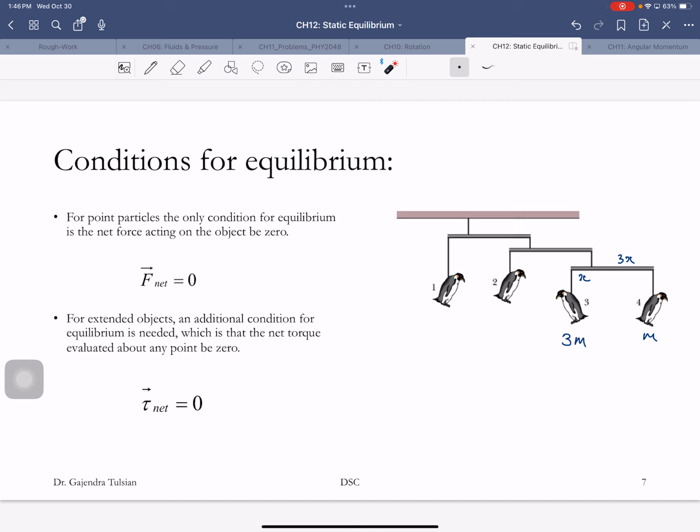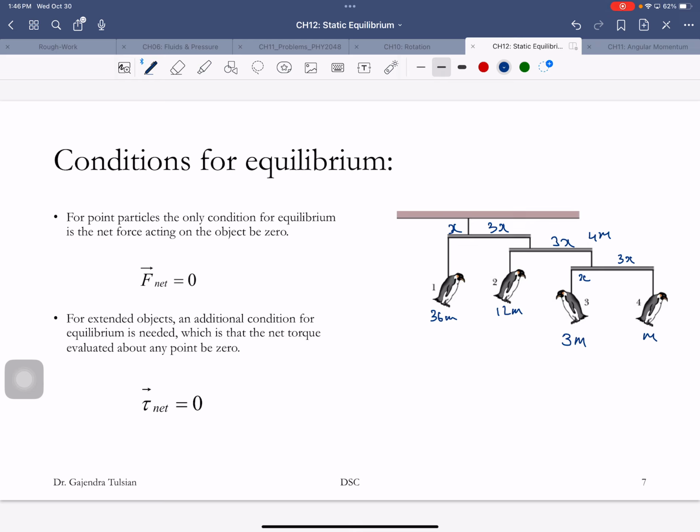Now the center of mass of this system is right there. So this is 4m. 4m times 3x is 12m times x. Okay, and that's 12 times 3x, so this guy would be 36m.